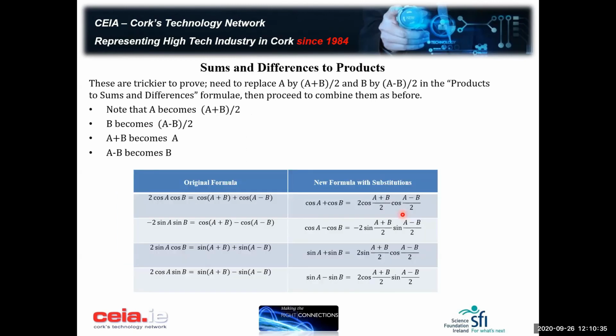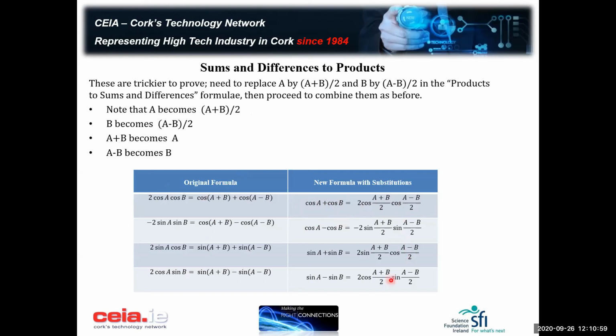Similarly, you can use those same four identities and manipulate them into this other form, which allows you to go from a sum of sines and cosines, or difference actually, to a product of sines and cosines.